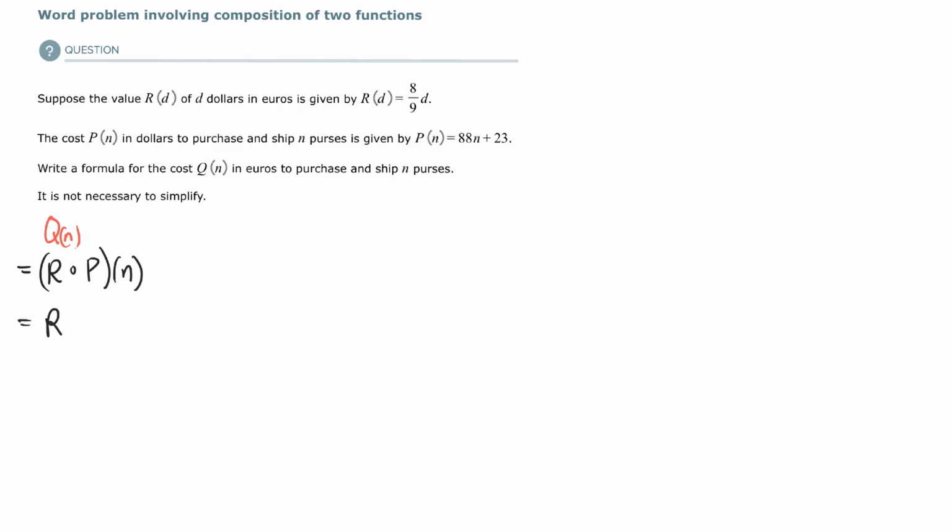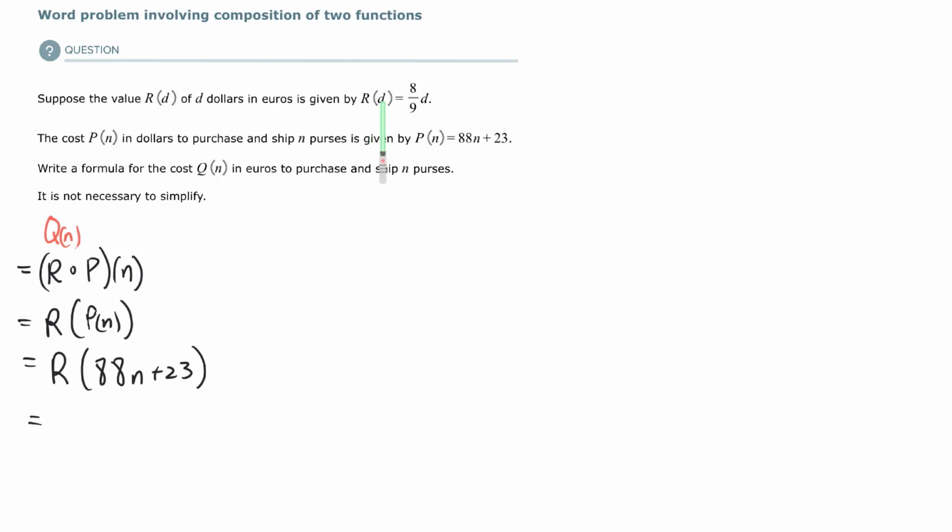Let's substitute R of P of N. And what is P of N? P of N is 88N plus 23. And what is R? Whenever you see a D, you're going to put parentheses 88N plus 23.